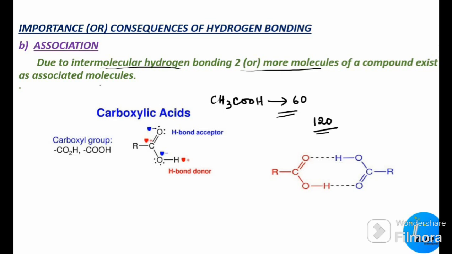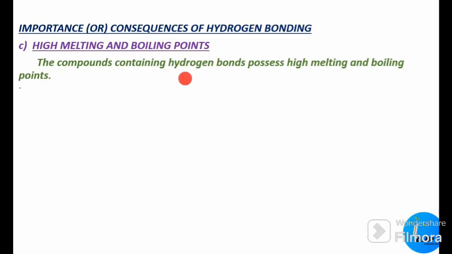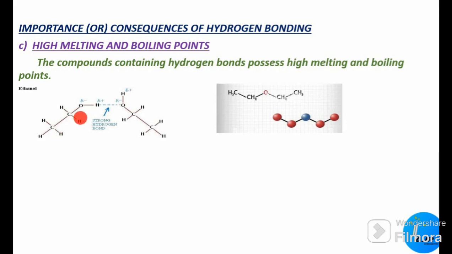So the association also affects the strength of the acid. Can you understand? The next important point is high melting and boiling points. The compounds containing hydrogen bonds possess high melting and boiling points. For example, here is ethyl alcohol, CH3CH2OH.